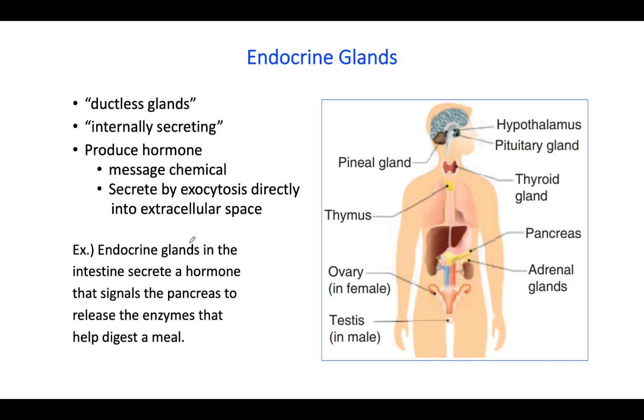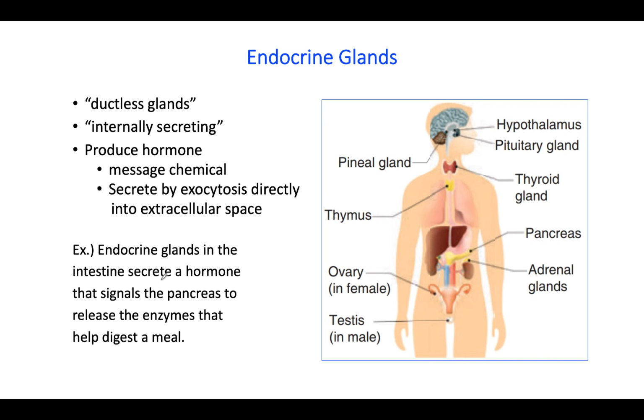Examples of endocrine glands include the anterior pituitary gland, thymus, adrenal gland, and endocrine glands in the intestine. For example, endocrine glands in the intestine secrete a hormone that signals the pancreas to release the enzymes that help digest a meal.